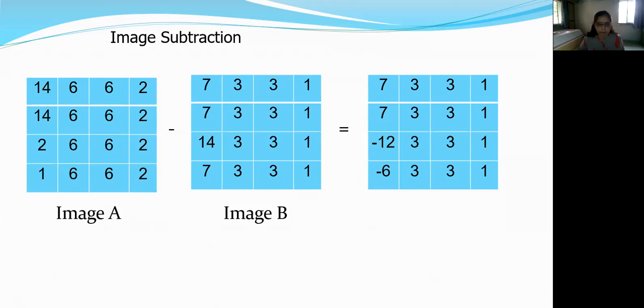So if we are simply comparing the two images, we can also consider the magnitude of the difference. In that case, this minus 12 will be displayed as 12 and minus 6 will be displayed as intensity value 6. So this is the meaning of modulus of g(x,y).